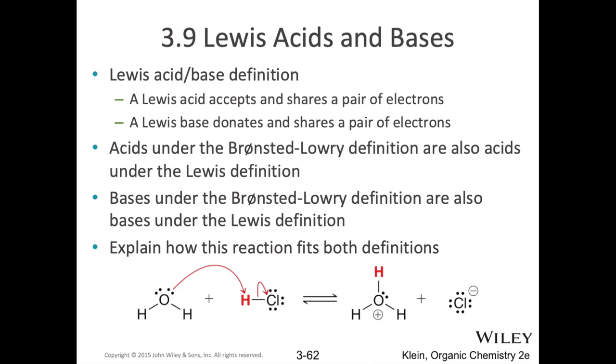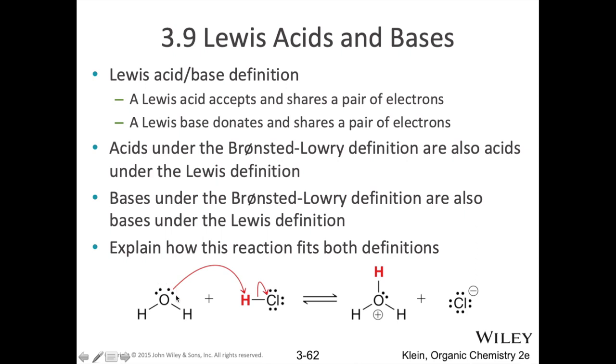That being said, we can pay attention to Lewis acids and bases the same way that we pay attention to Bronsted-Lowry acids and bases, by looking at where the electrons are going in our mechanism. If we define an acid or a base using the Bronsted-Lowry definition, we can still often do that using the Lewis definition too.